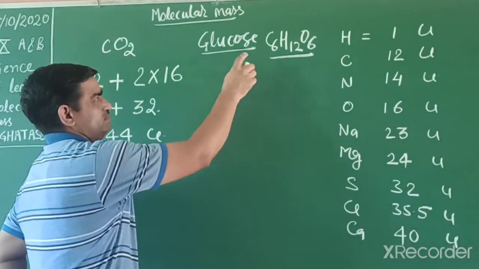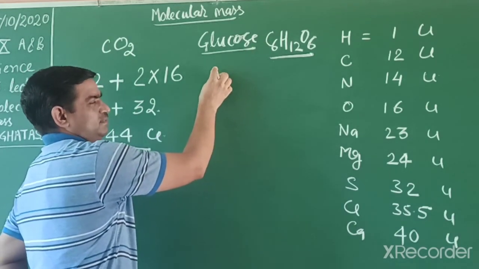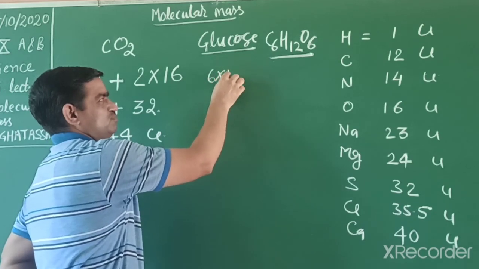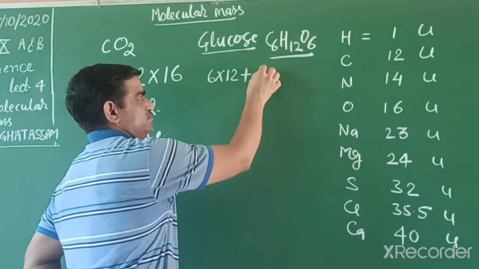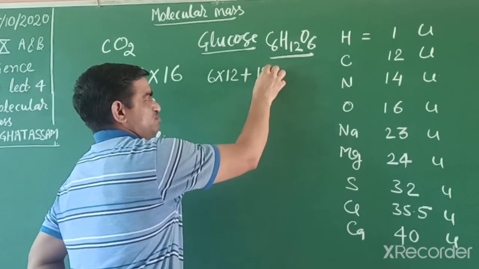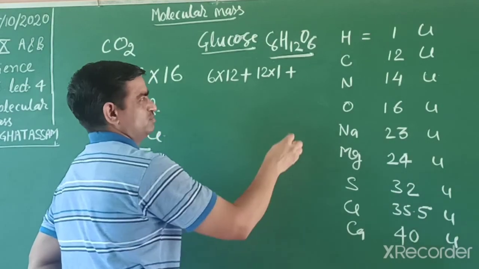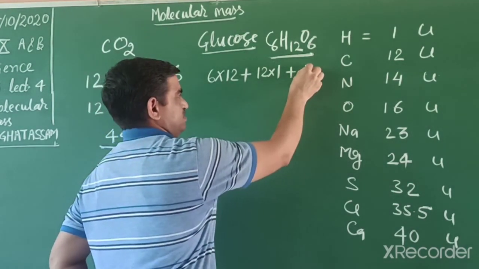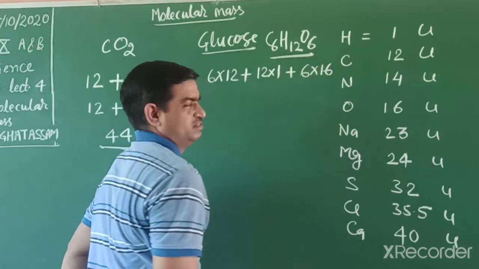So how can we find the molecular mass? Carbon mass, we know, is 12, and there are 6 atoms, so 6 into 12, plus hydrogen mass, we know 1, 12 into 1, plus oxygen, the number of atoms is 6 and its mass is 16.